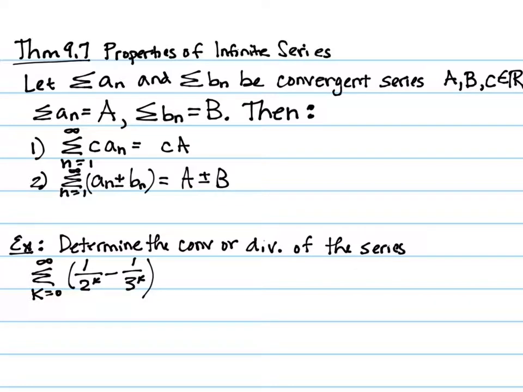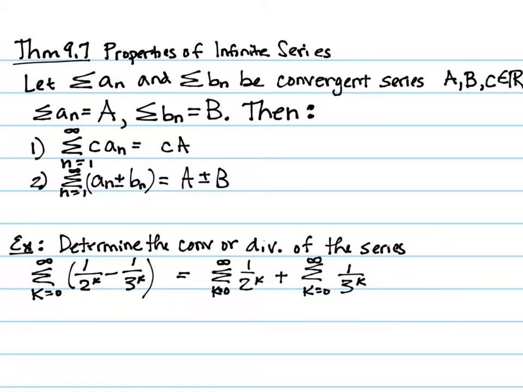So if I separate this, I get the summation from k equals 0 to infinity of 1 over 2 to the k, and the summation from k equals 0 to infinity of 1 over 3 to the k. Now I actually have two series that I do know are geometric.